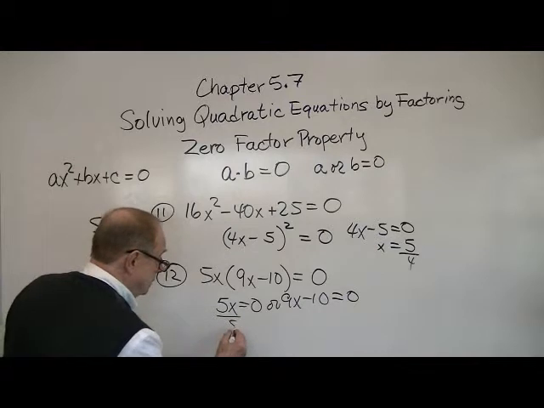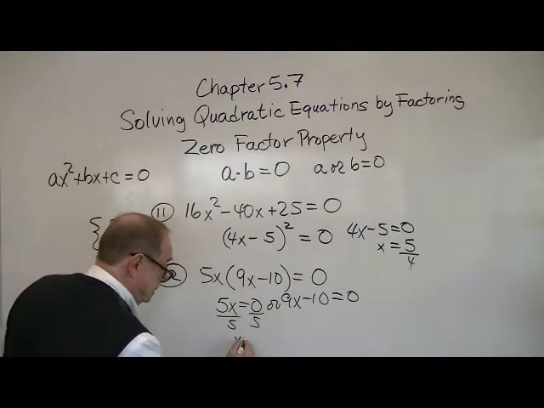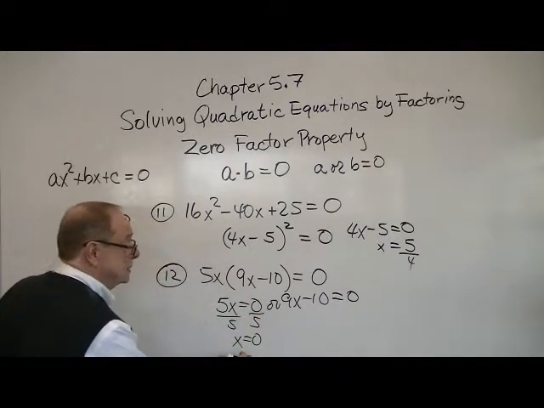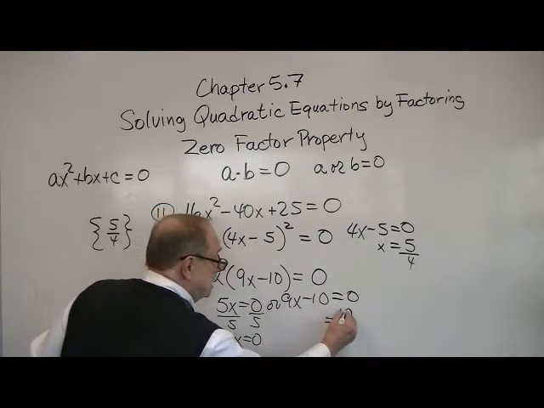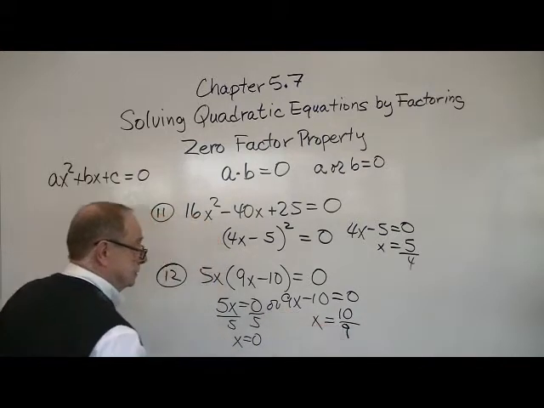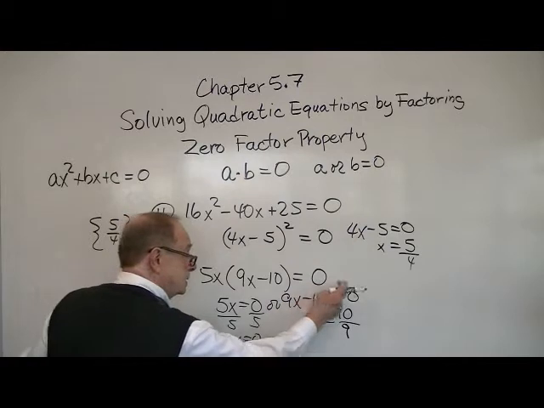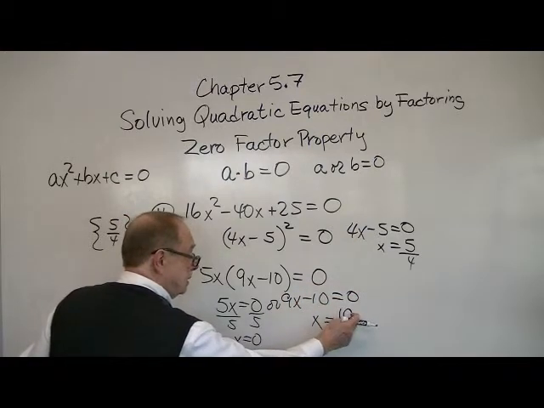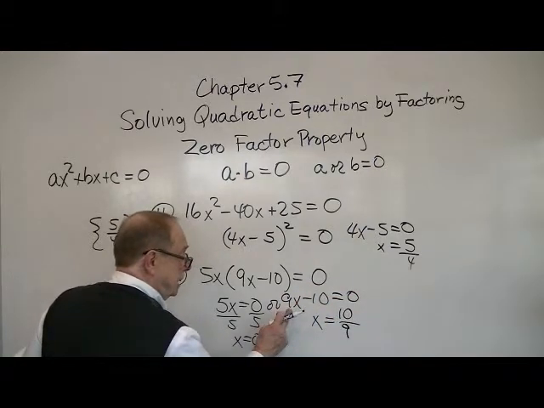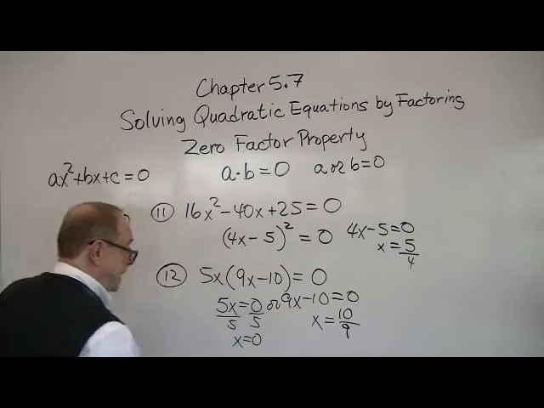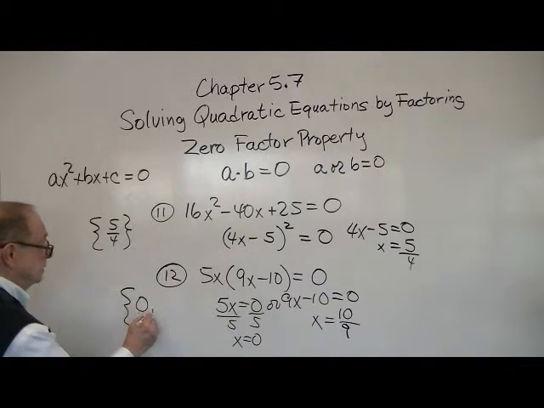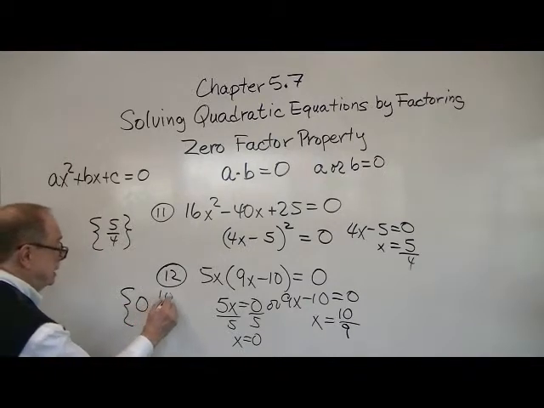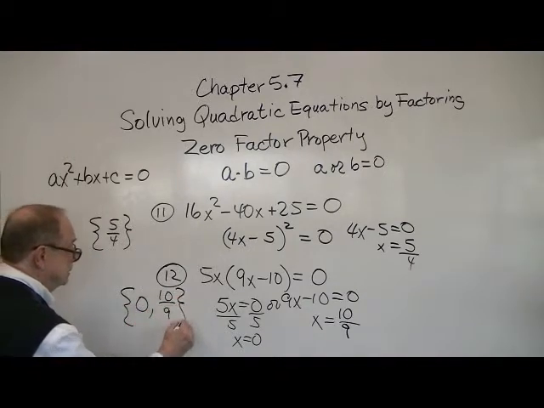So here we divide both sides by 5, so x is 0. That's going to be one solution. Transpose the 10, and then divide by 9. There's your other solution. So we've transposed the 10, became a positive 10, then divided by 9. And the solution set for this one would be 0 and 10 ninths.